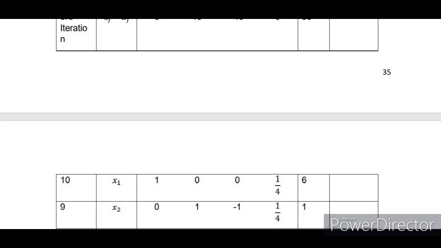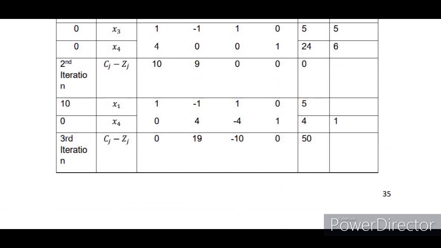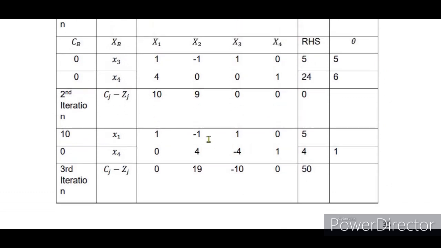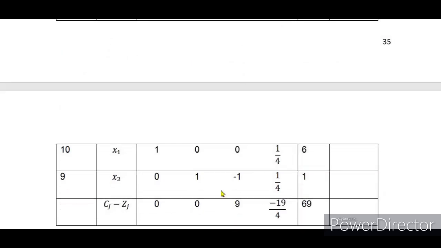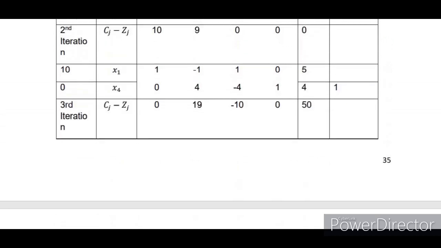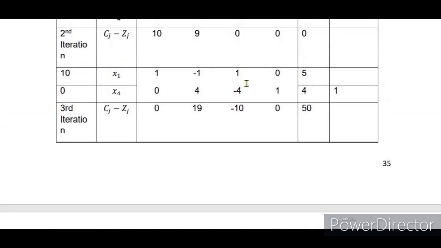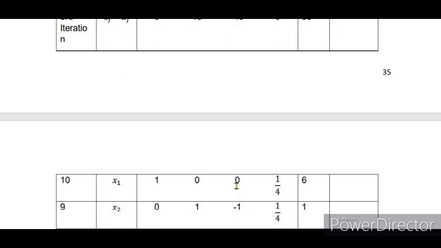The previous value is negative 1. So negative 1 minus negative 1 is equal to 0. That's why it is 0 here. Next, negative 1 times negative 1 is positive 1. The previous value is 1. So 1 minus 1 is 0. That is why 0 here.